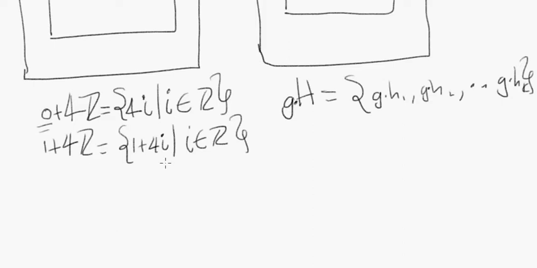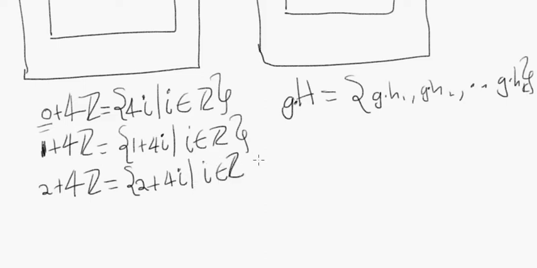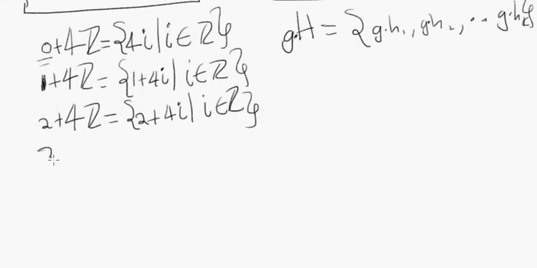The set of all 1 plus 4i such that i is an element of Z is 1 plus 4Z. What's 2 plus 4Z going to be? It's going to be exactly what we think it is: all elements of the form 2 plus 4i such that i is an integer. Alright, let's write a couple more, because we'll probably be able to derive some nice insights from this.